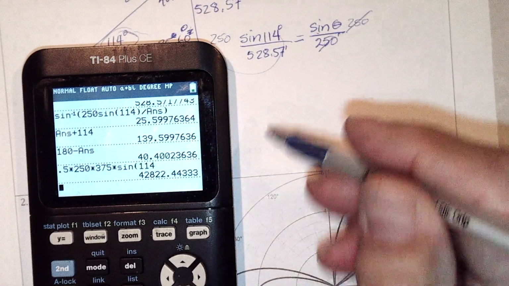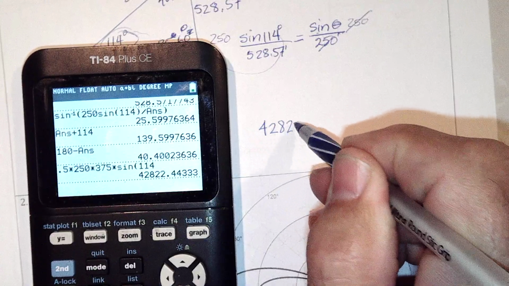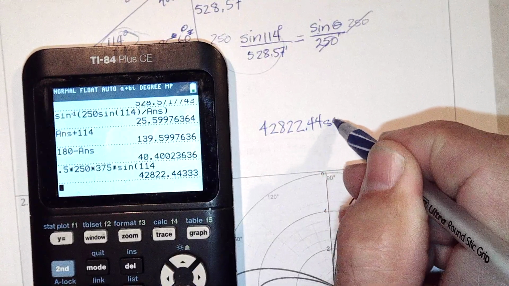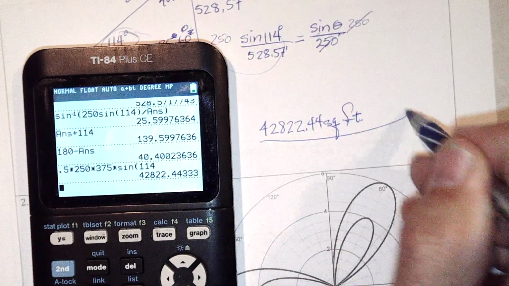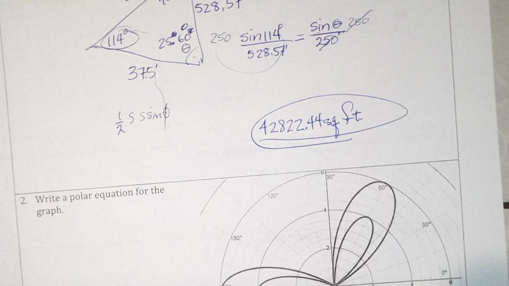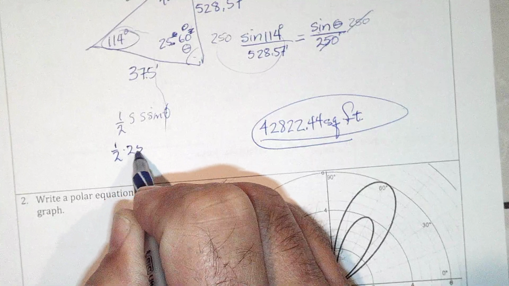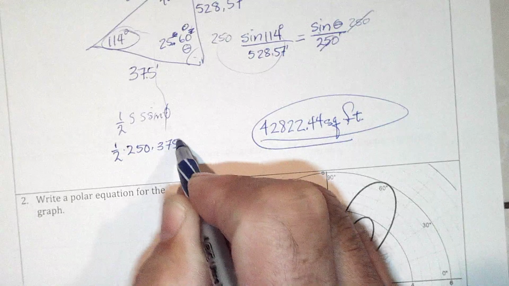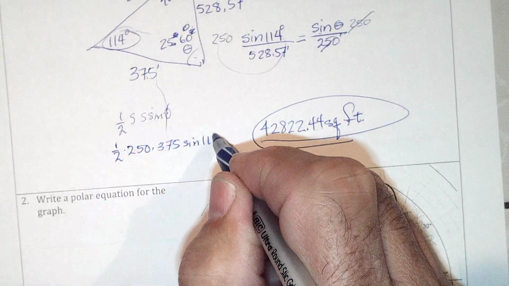And the area turns out to be 42822.44 square feet. I'll write this down: 1/2 times 250 times 375 times the sine of the angle between them.